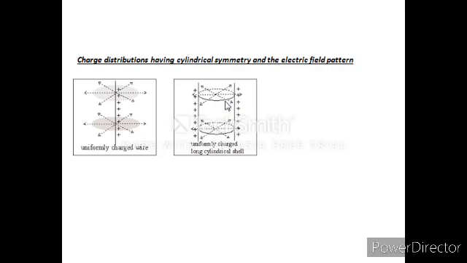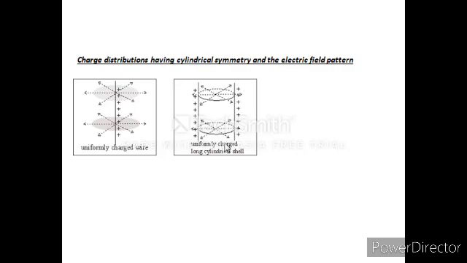So there could be many other cases, like very long coaxial cylindrical shells, or a very long solid cylinder with uniform volume charge density inside it. So this was the case of cylindrical symmetry.